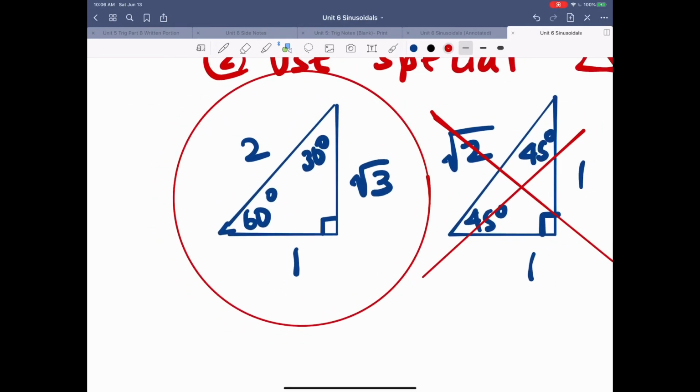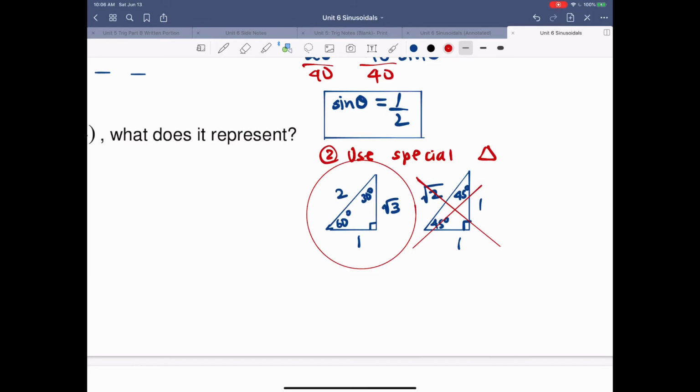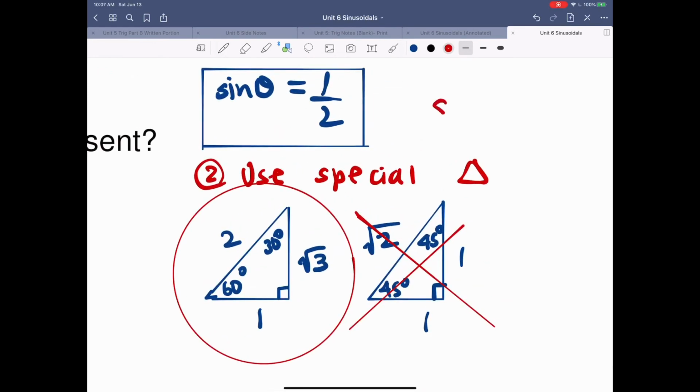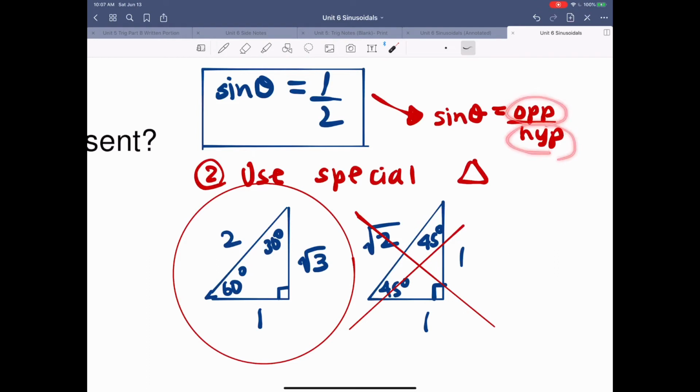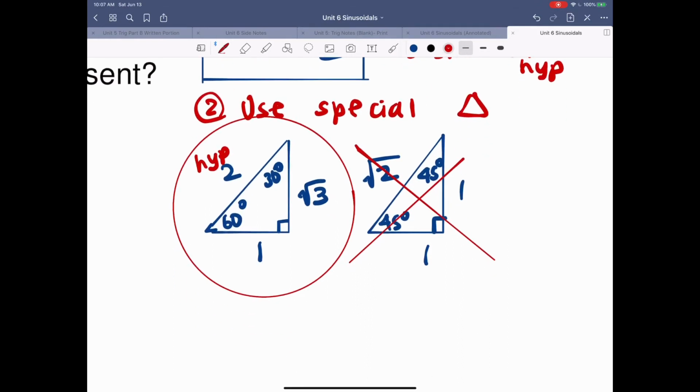So what does this mean? Right now, I am dealing with sine theta. Sine theta is equal to opposite over hypotenuse. That means my angle will have a side length, so my theta is based on my opposite side and hypotenuse side, right? Hypotenuse is always consistent, so I'm going to say this is the hypotenuse.